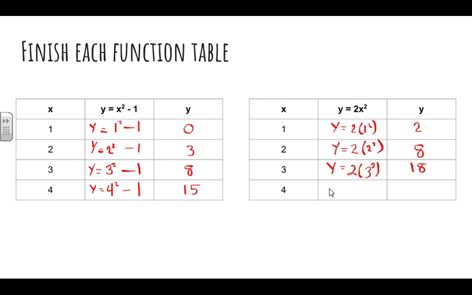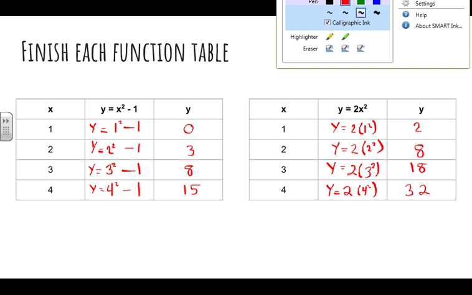All right, and if x is 4, our function would be y equals 2 times 4 squared. 4 squared is 16, and 16 times 2 is 32. You see how much they're increasing by much more each time, as compared to linear equations.